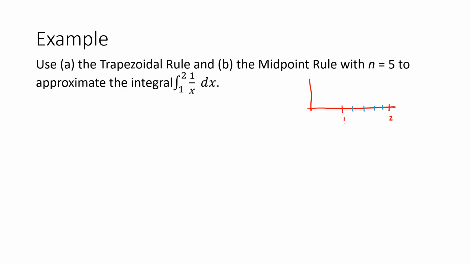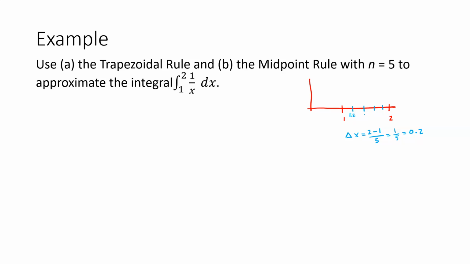Okay, so what's the width of each of our subintervals? So delta x in this case would be (2 minus 1) over 5, which is 1 over 5, or 0.2. So now let's find all the grid points in between here. Okay, so the left endpoint is 1, so add delta x to get to the next grid point, which would be 1.2.